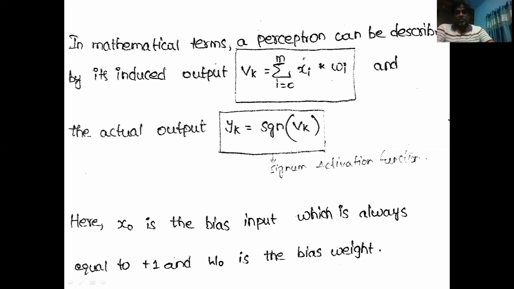Then the actual output is calculated by forwarding this induced output to an activation function. You can take any activation function based on the application domain. For example, we can go with a signum activation function, which is also called bipolar step function.